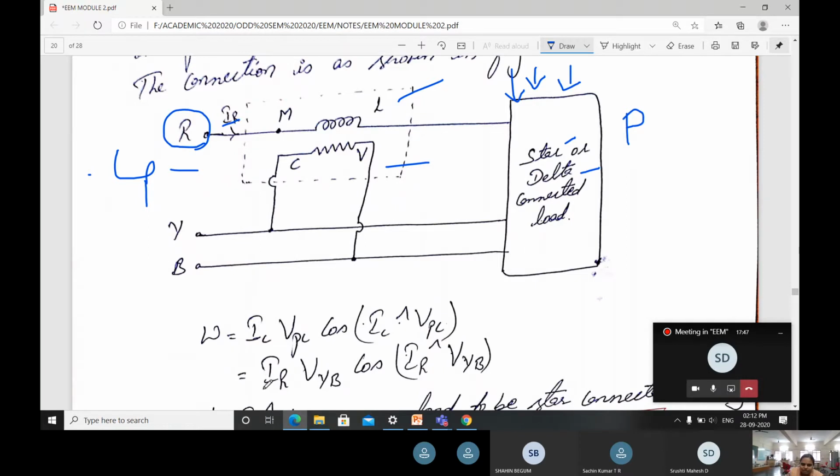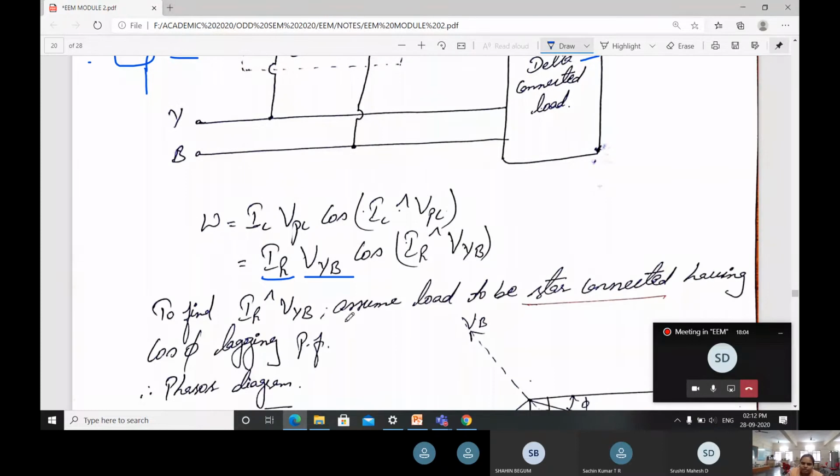That is IR, for that reason it is taken as IR. And the pressure coil voltage is connected across YB, for that reason it is VYB, and then cos of the angle between IR and VYB.